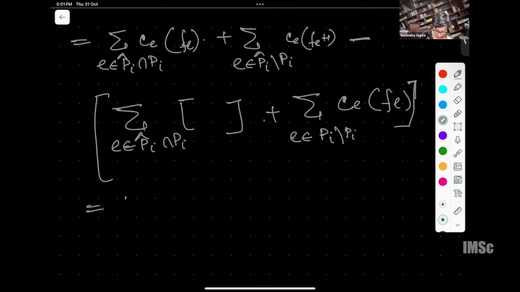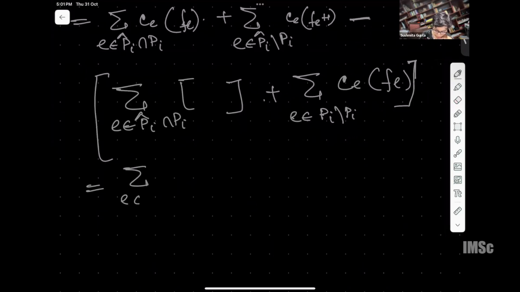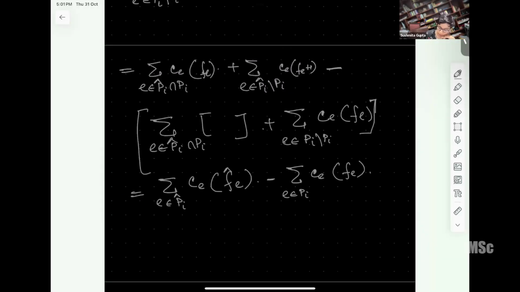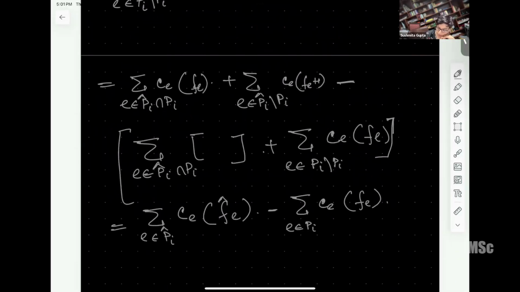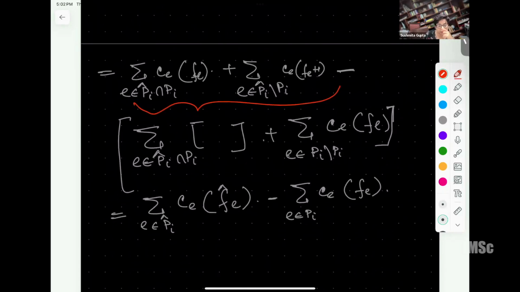So this is basically equal to nothing but I just take together all the edges in pi hat and say this is equal to f hat of e minus edges of i, which is c e of f e, right? This captures the entire expression of what is happening under f hat of e.